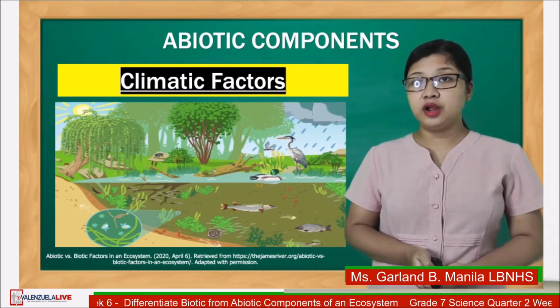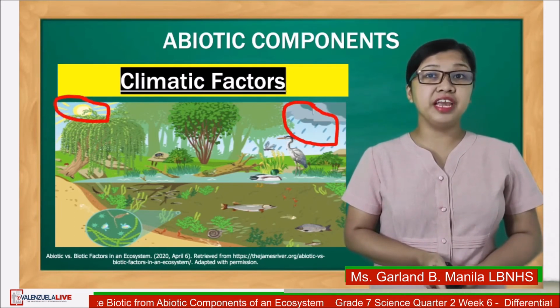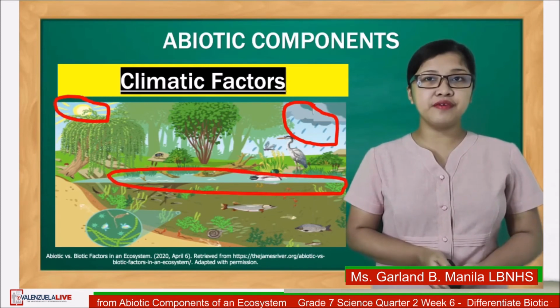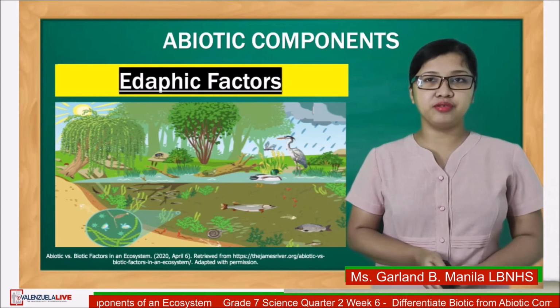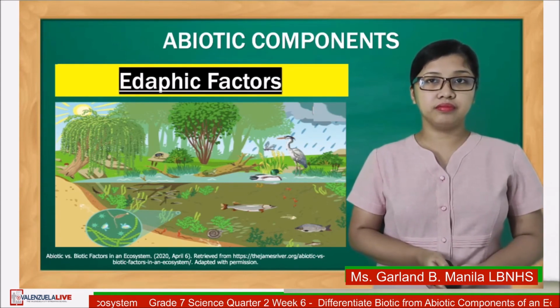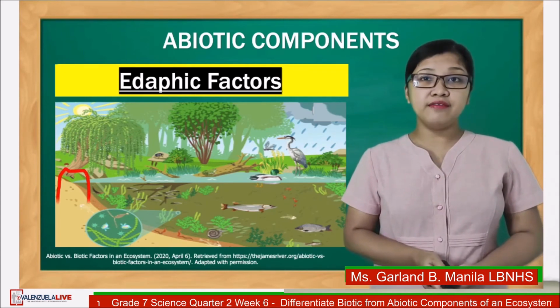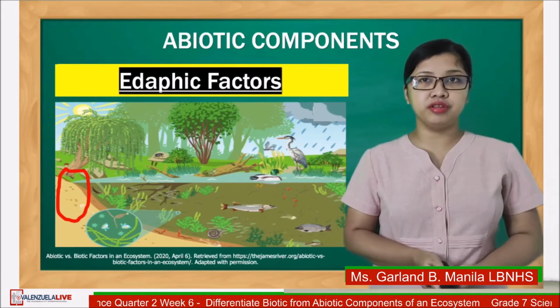So in here, we have the sun, water, rainfall, and of course the air. How about edaphic factors? I will give you 5 seconds to type your answers. We have the soil. That includes its texture and condition.